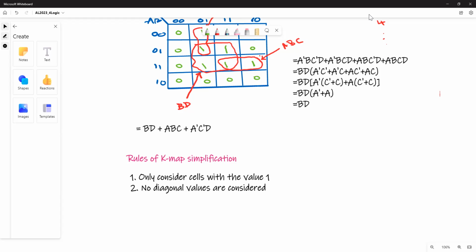So that means you can make a bigger group, a 2 by 2 group like this. Remember this. Diagonals are not allowed, but a group of 2 is possible.